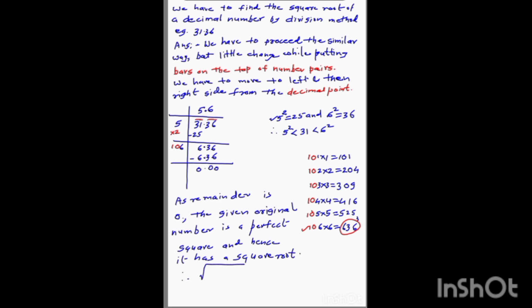We are trying to find the square root of the number 31.36. So the square root of 31.36 is 5.6, and where we got it, just see here. That's it.